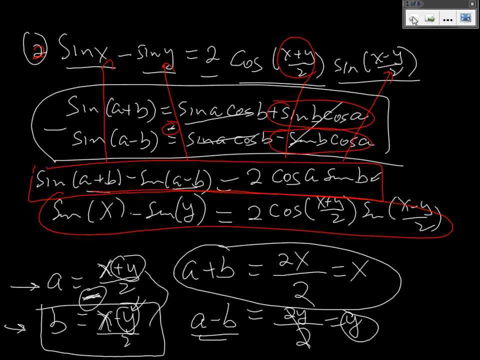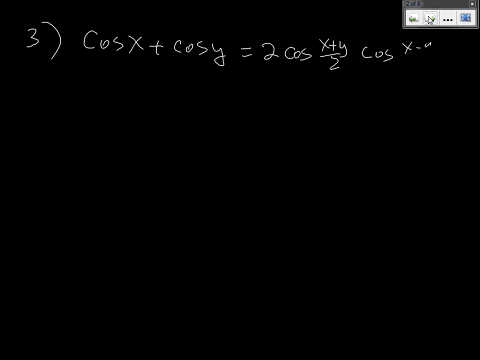Let us look at the next one. The next one involves other functions. So what we want to show is that the cosine of x plus the cosine of y is 2 times the cosine of x plus y over 2 times the cosine of x minus y over 2. And we're going to play the same game.